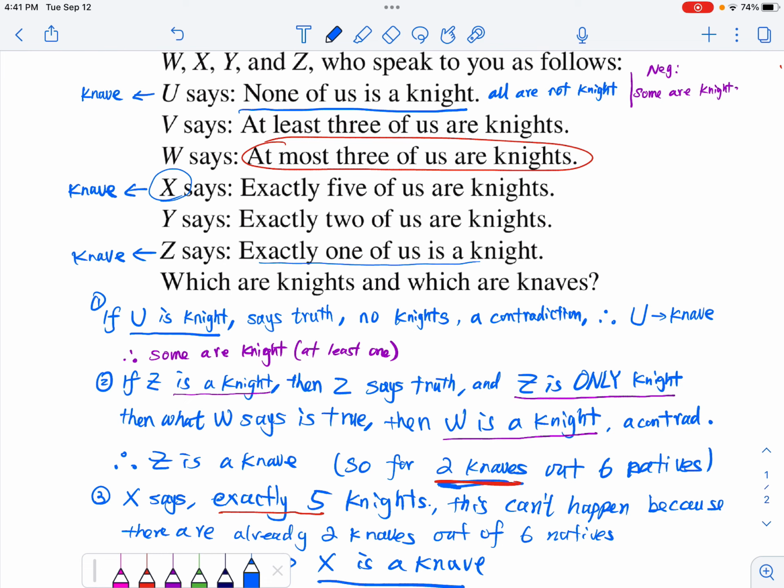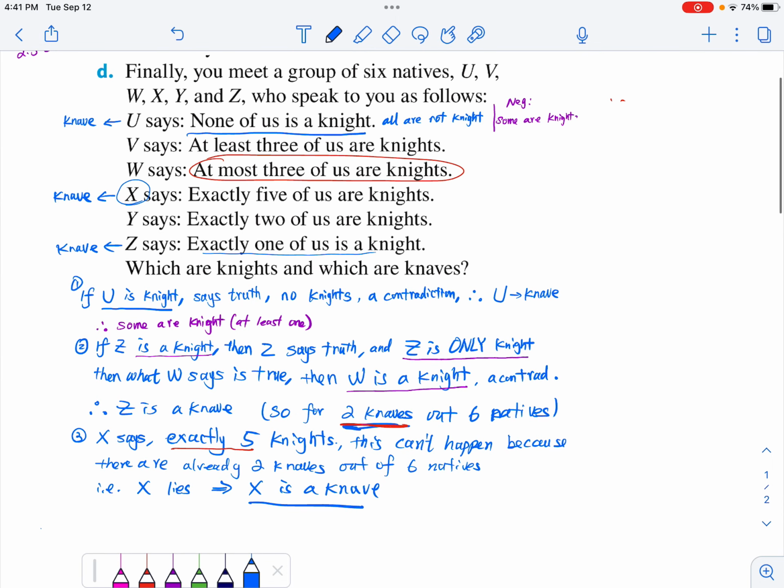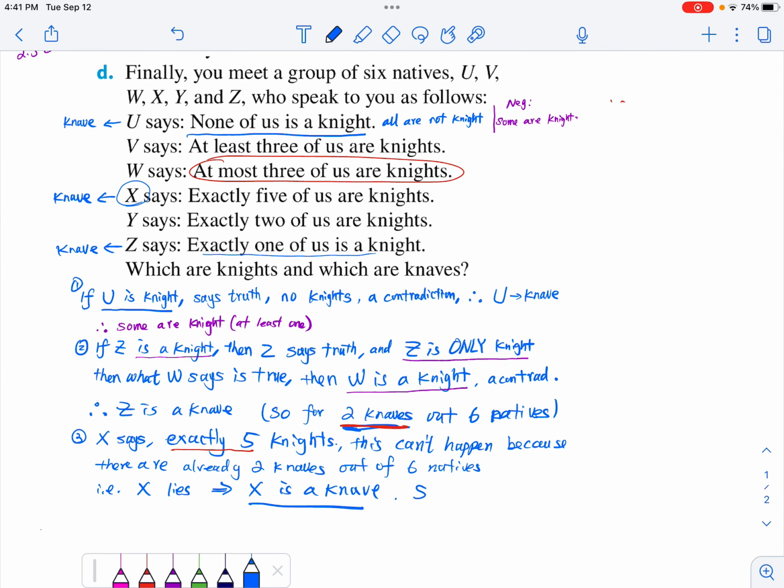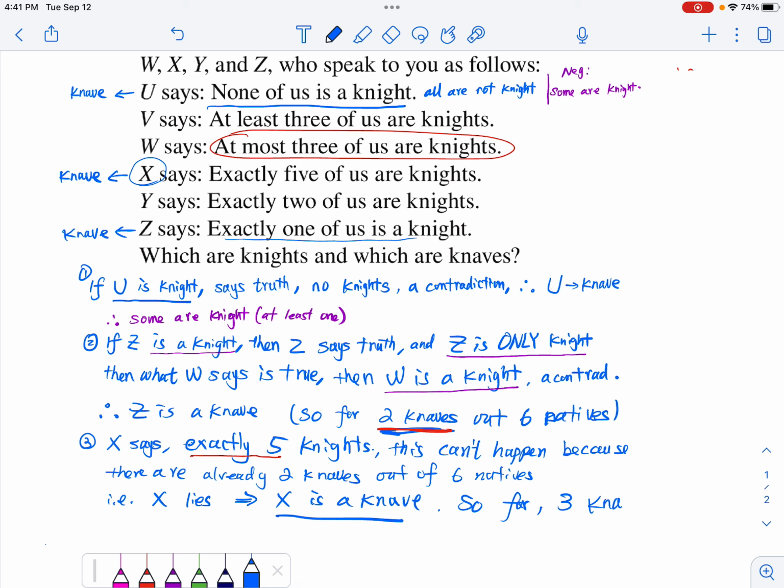Okay. Now, how many knaves do we have now? So we have, so far, 3 knaves. At least 3 knaves, right? So therefore, when we have 3 or more knaves, that means we cannot have more than 3 knights.